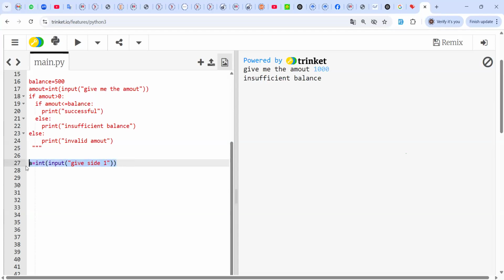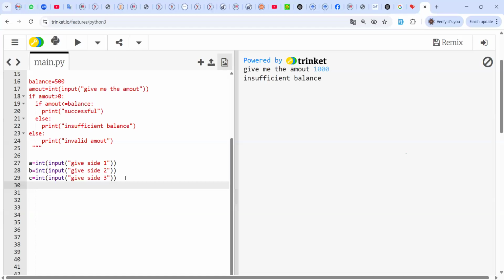We're going to copy paste it. And we're going to call this B, which is the second side, and C is the third side of this triangle, okay? Okay, guys? And now, what are we going to make?